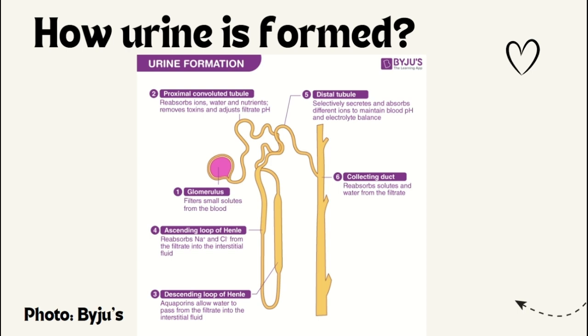At the end of the day, the goal is to filter the blood and pass out the waste through urine. So just remember the glomerulus, the proximal convoluted tubule, descending loop of Henle, ascending loop of Henle, the distal tubule, and then the collecting duct.